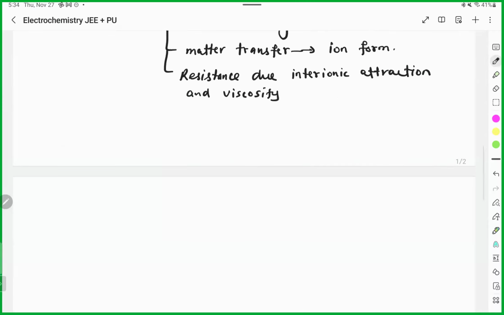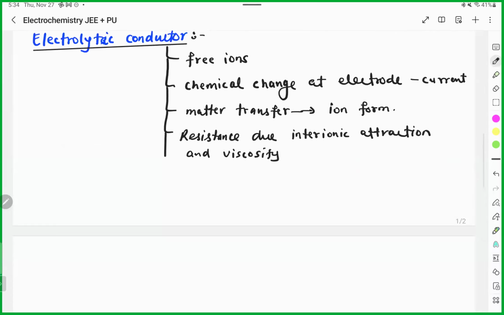Samarth, if you increase temperature, what will be the impact on the resistance? Sir, it should reduce. And what happens in the metallic conductor? Sir, there it increases. Why? Unnecessary movement of electrons happens more.